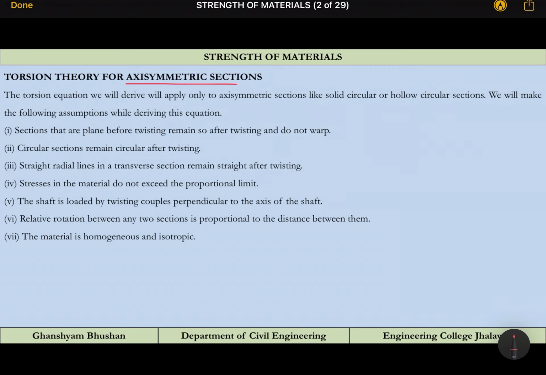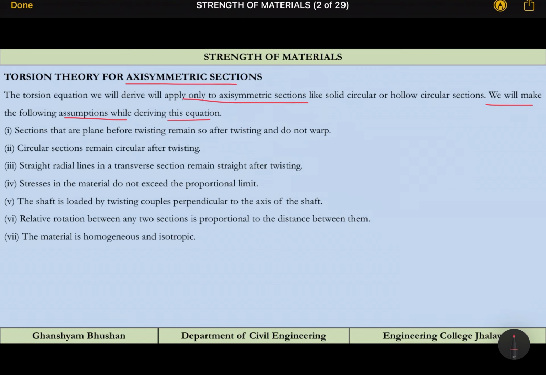The torsion equation we will derive applies only to these, so don't panic in the examination. If any question comes, it will be of a circular section only. It can be solid or hollow, that is a different case, but it will be a circular section. So we will make the following assumptions while deriving the equation.